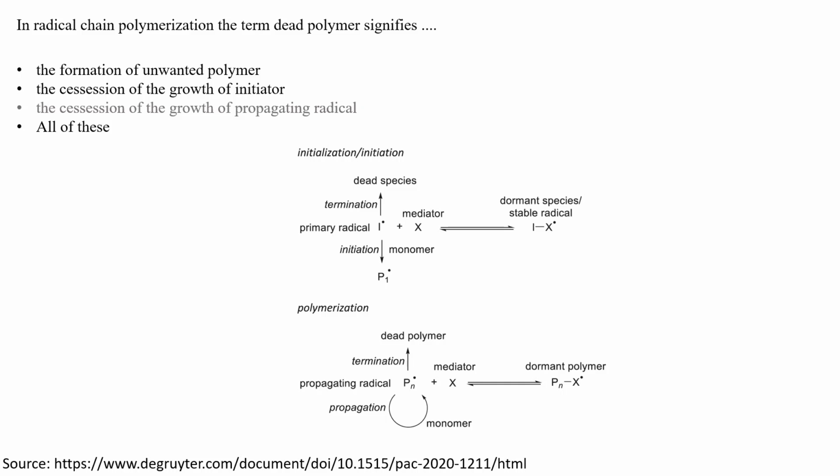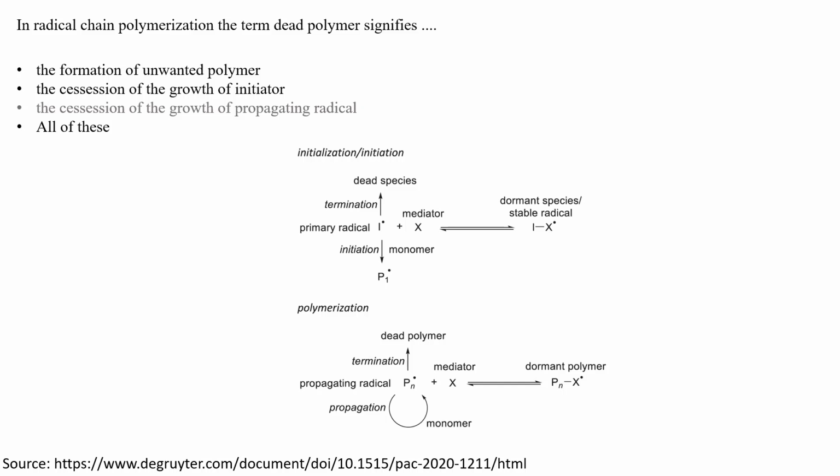Unwanted polymer is out of the question, because if we are focusing the radical polymerization on a single polymer, that will be the main focus of the process. So formation of unwanted polymer does not signify the term dead polymer.